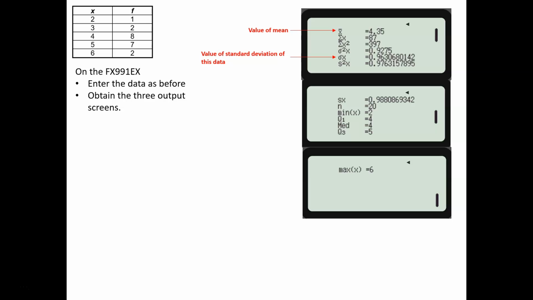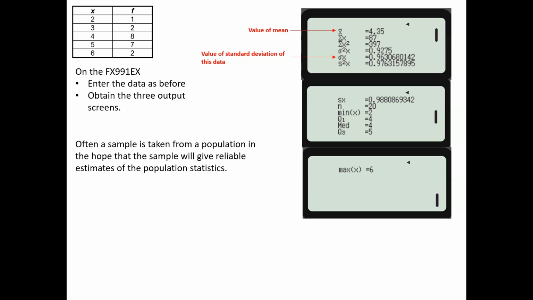The value of the standard deviation of the data that we've inputted is that sigma x on that first screen. So in this particular case, the square root of 0.9275 is 0.96307.